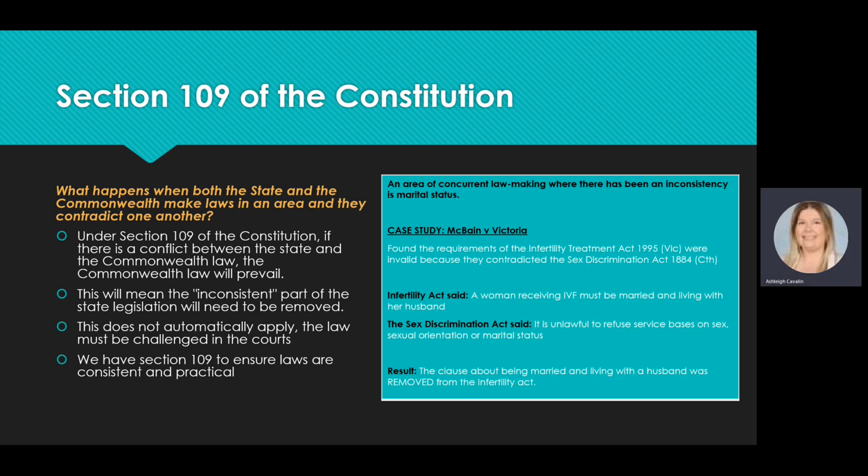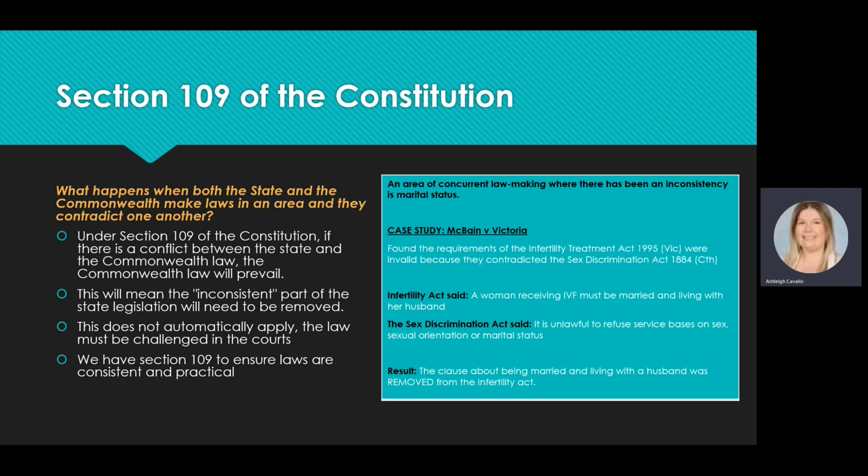Well, there was an inconsistency created. Sorry, we had a bit of a glitch there. So there was an inconsistency created in an area of concurrent law in relation to marital status.